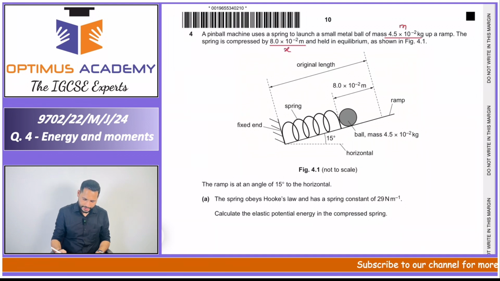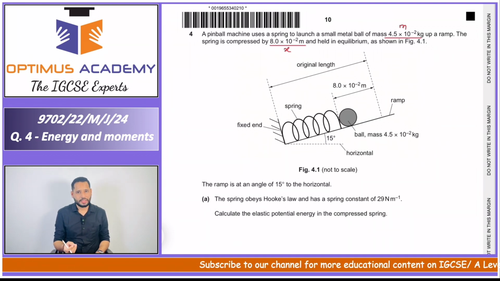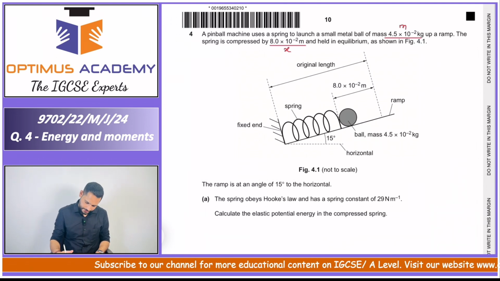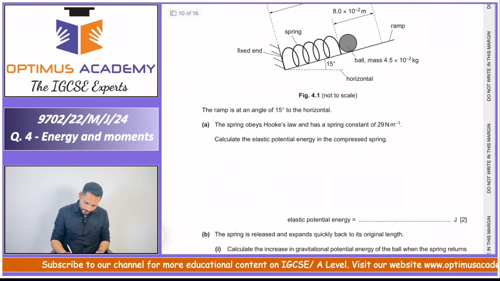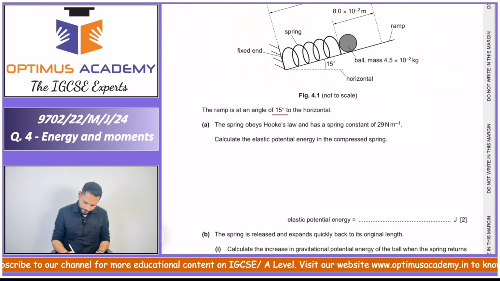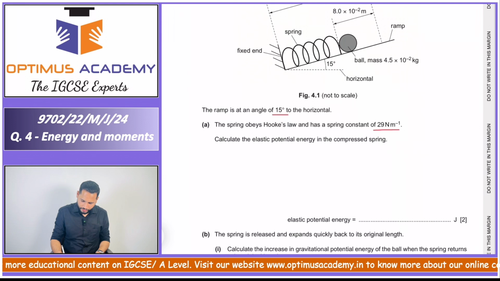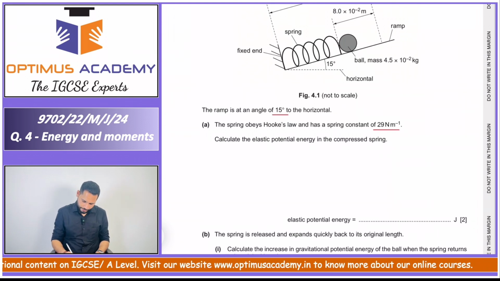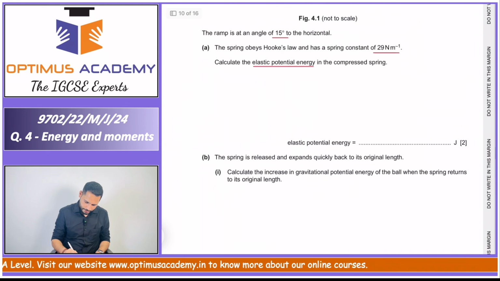You can consider it as extension, and held in equilibrium as shown in figure 4.1. The compression is, you can say, change in length, so I have marked it by letter x. The ramp is at angle 15 degrees to the horizontal. The spring obeys Hooke's law and has a spring constant of 29 Newton per meter. Calculate the elastic potential energy in the compressed spring.